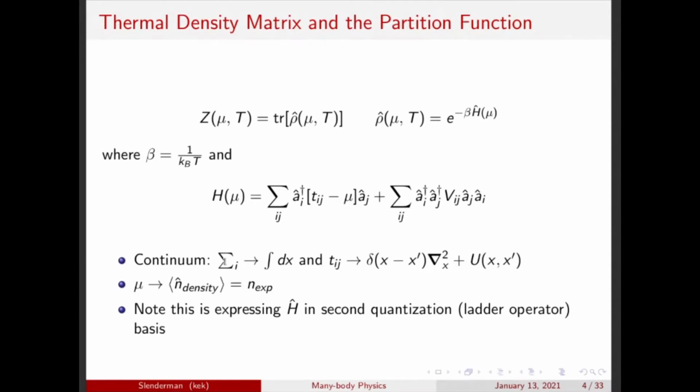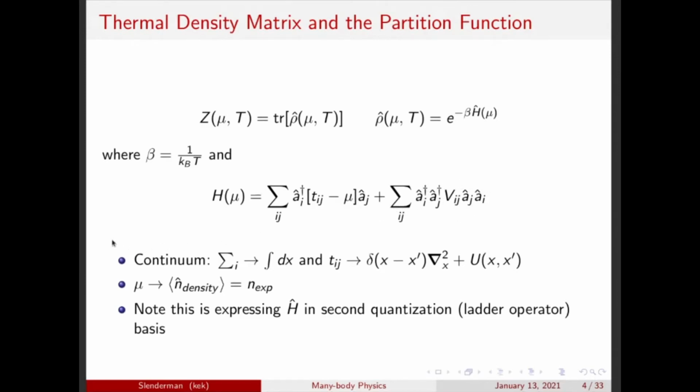So in the continuum, these sums will turn into integrals, and for example, this T_ij matrix will become the gradient squared, our kinetic energy term, plus potentially arbitrary other terms that one might decide to add to their Hamiltonian. The second term here, by the way, is an interaction term. For those of you who have covered second quantization, this is a form of the interaction term for two-particle interactions.